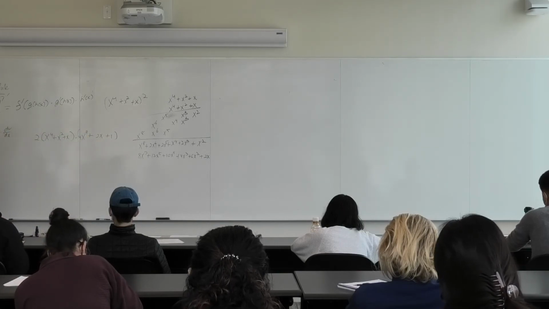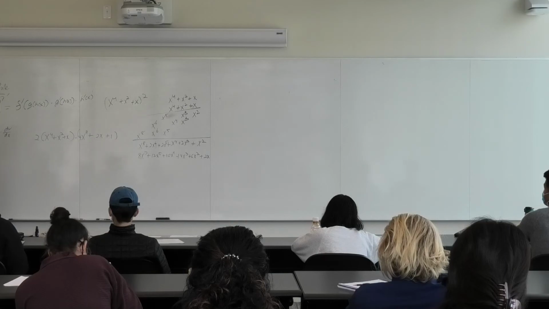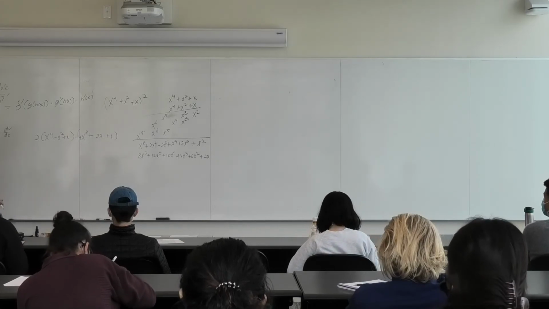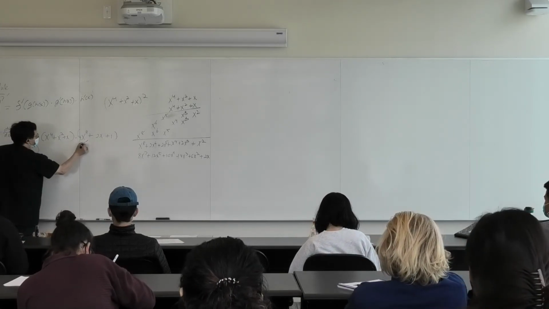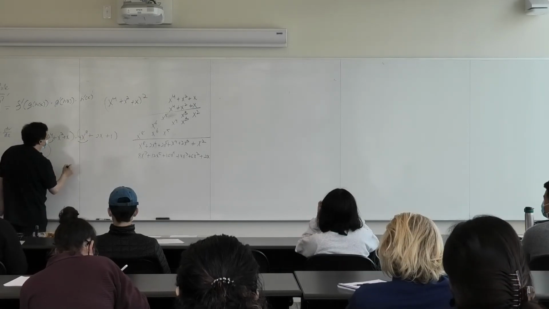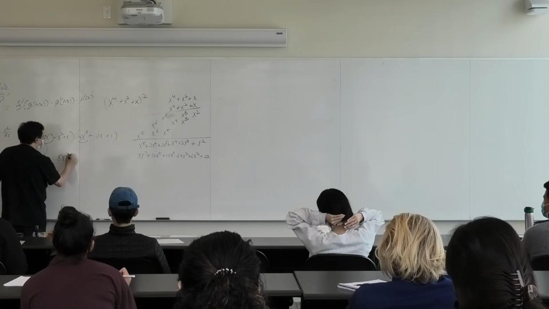So now all I have to do is see if I get the same thing. Well, I'm not going to check everything, but I will look at this. 4x cubed times 2x to the 4th is, what do you know? It's 8x to the 7th.